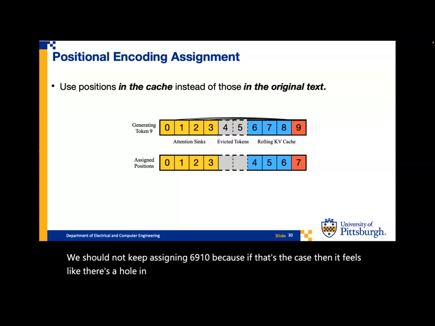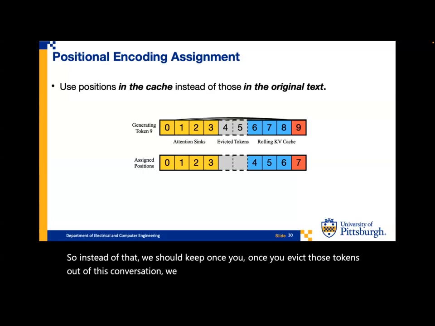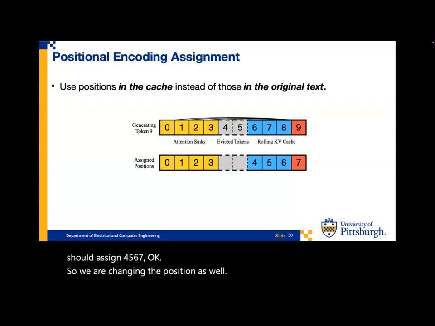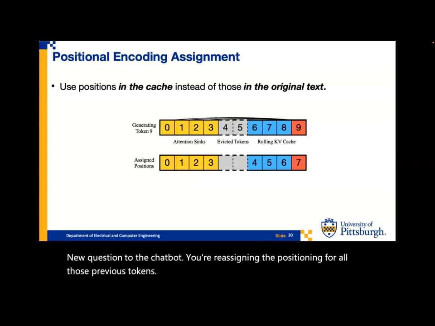Okay, so instead, once you evict those tokens out of this conversation, we should keep assigning positions from 0, 1, 2, 3. Then we should assign 4, 5, 6, 7. So basically, every time you enter a new question to the chatbot, you're reassigning the positions for all those previous tokens.